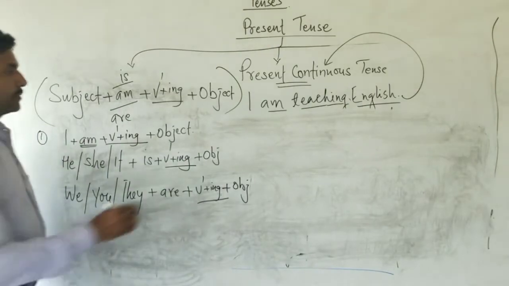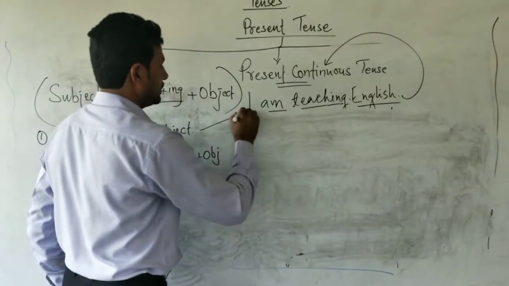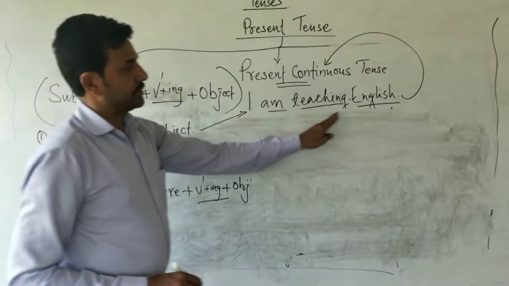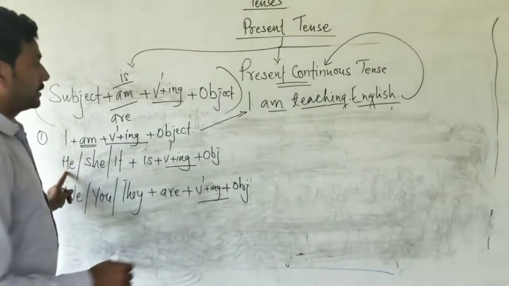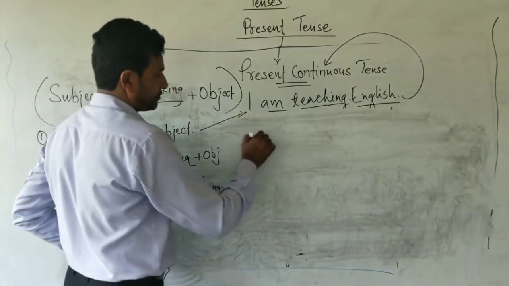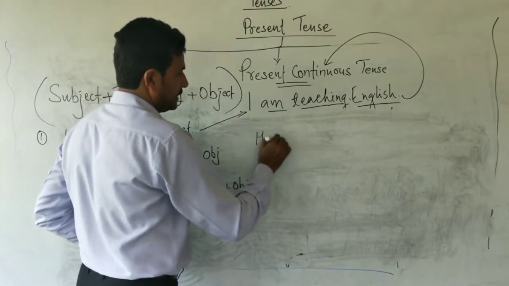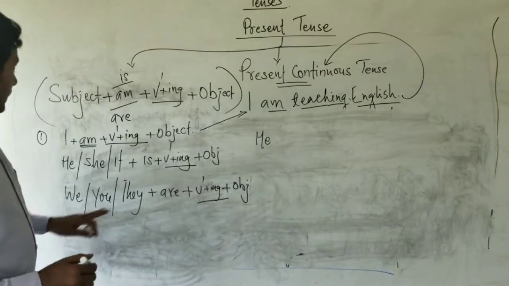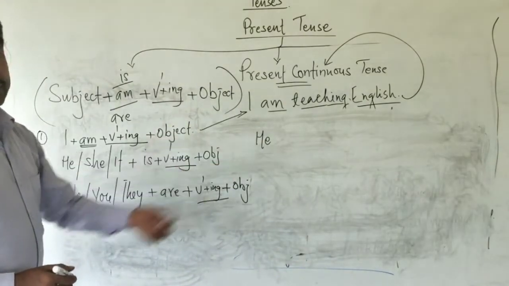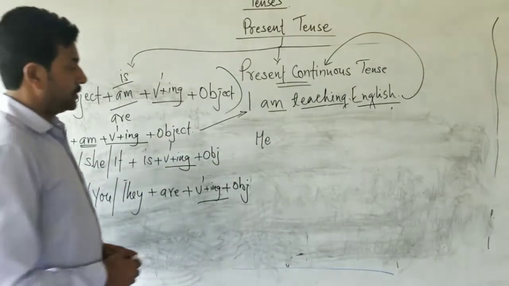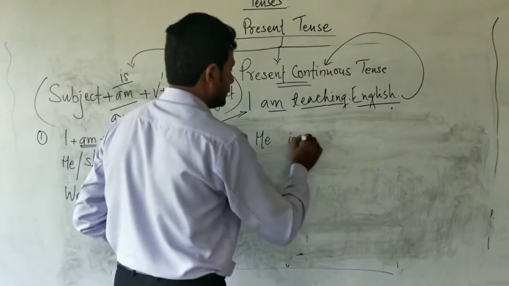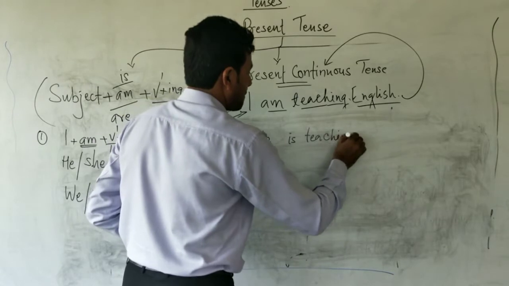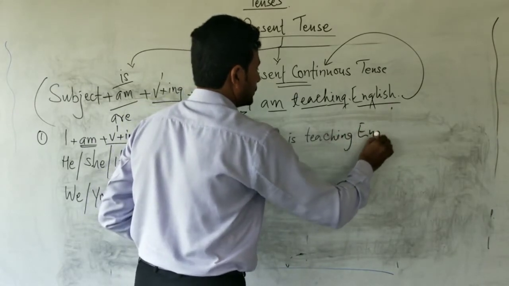Let us see the example. Here one example is already done. I am teaching English. This will become he is teaching English. We are teaching English, right? So it will become: he is teaching English.